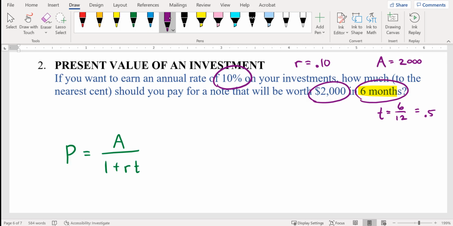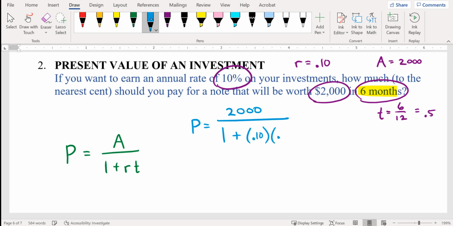And you're solving for P. All right, so P will equal A, 2,000, over 1 plus rate, 0.10, times time, 0.5.